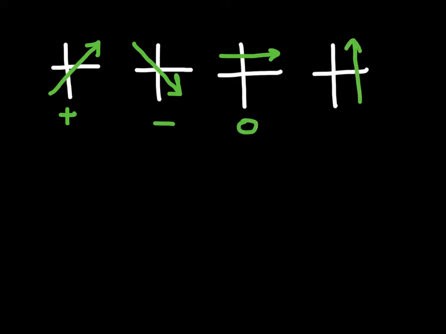There are 4 different kinds of lines. A line going up to the right would be a positive slope. A line coming down to the right would be a negative slope. A horizontal line would be a 0 slope, and a vertical line would be an undefined slope.